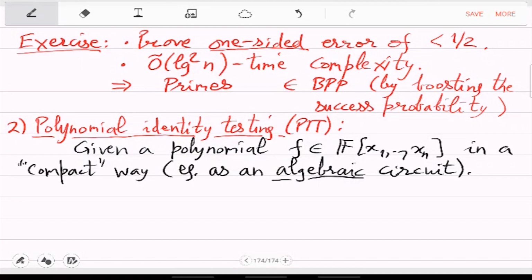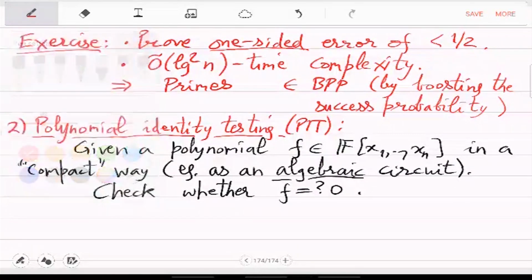So the polynomial is given in some compact way and you want to check whether it is 0. So check whether f is the 0 polynomial. Okay, so being 0 is what is called an identity. So you want to test this identity.